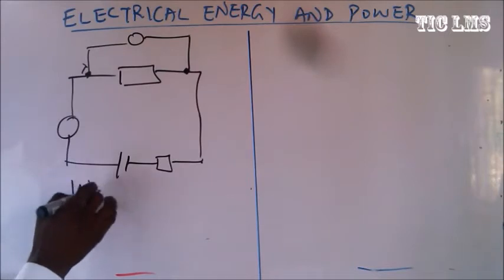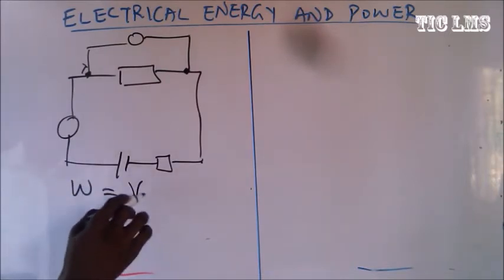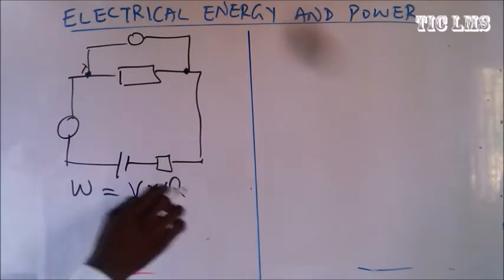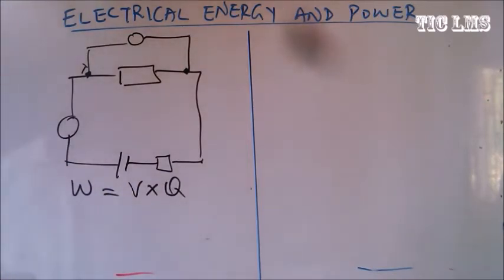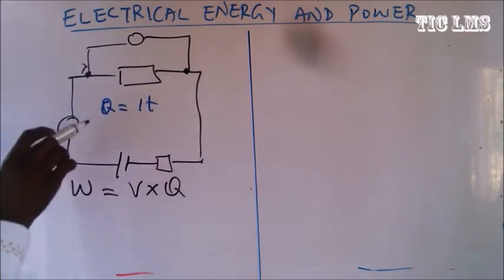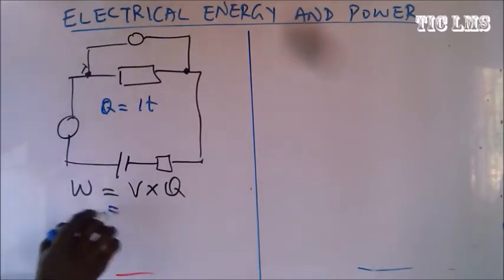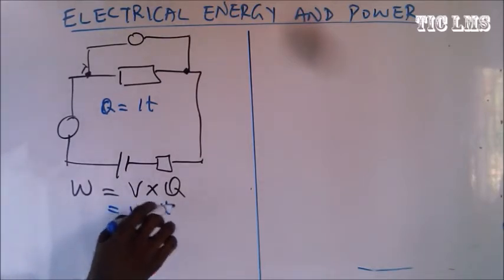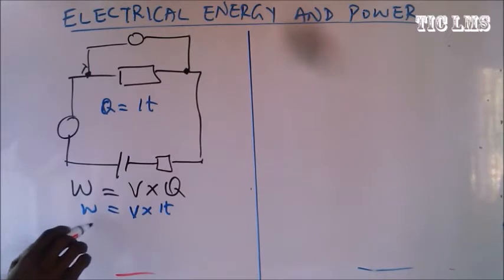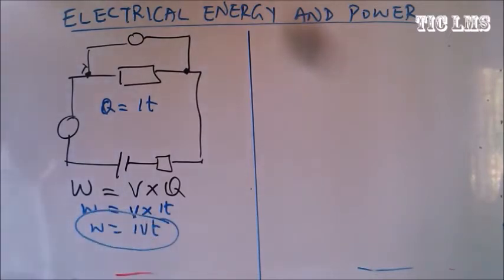So with all this, we have that the work done is equal to potential difference multiplied by the charge itself. Now we know that Q equals IT, so we can substitute IT for Q in this equation, whereby we have V multiplied by IT. Hence, work is equal to IVT. So this is the formula which we shall be using.